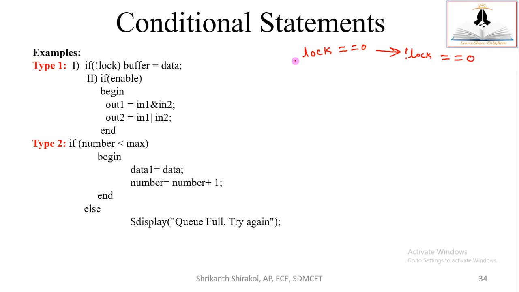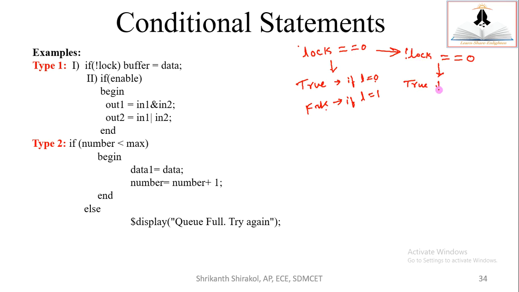So see, the true case is if lock is equal to 0. The false case is if lock is equal to 1. If lock is equal to 1, then it is a false case. If it is 0, then it is true itself.